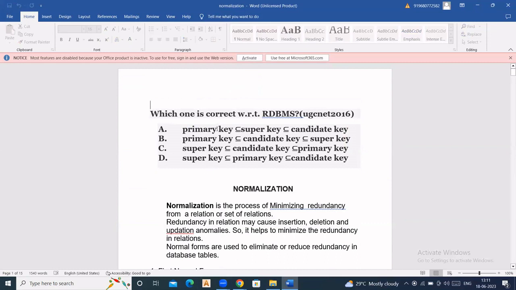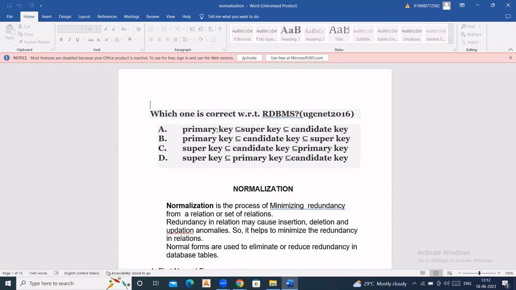What is the answer of question number 1? It's a UGC NET question. Remember yesterday's diagram? See the diagram and answer with this. Ma'am, answer is C. What about you, Abhay?